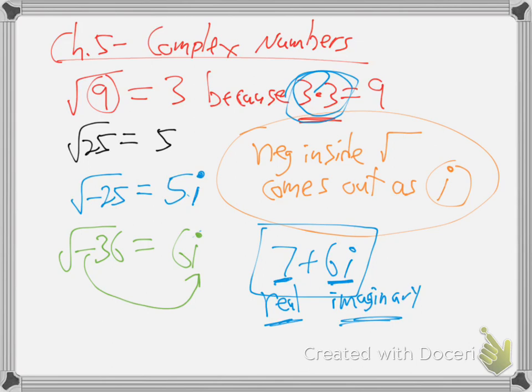It's got a real part and an imaginary part put together into one weird combination. And what do we call a number that has 2 parts to it? Complex. That's a complex number. That's the name of this section. That's what this section is all about. Complex numbers. What's a complex number? It's a number that has a real part and an imaginary part. It's complex. It's got both things. Real part and imaginary part.